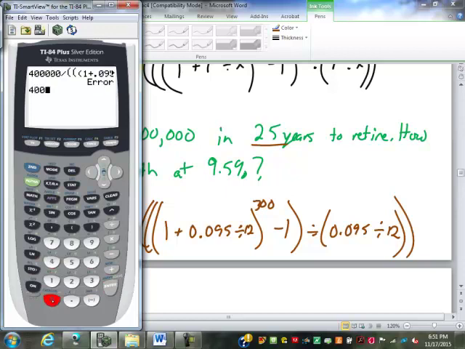400,000 divided by 1 plus 0.095 divided by 12, power of 300, minus 1, 0.095 divided by 12.